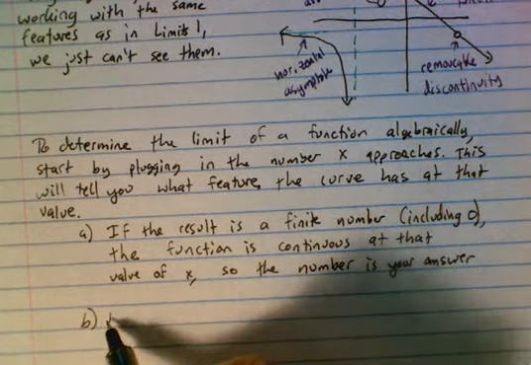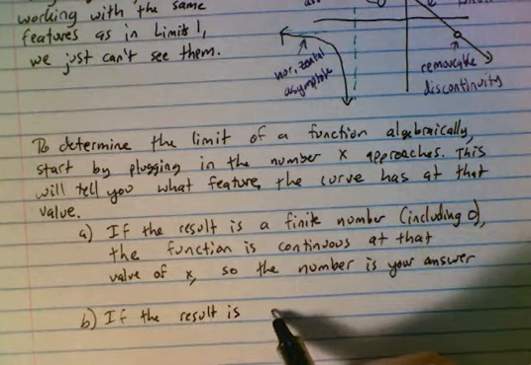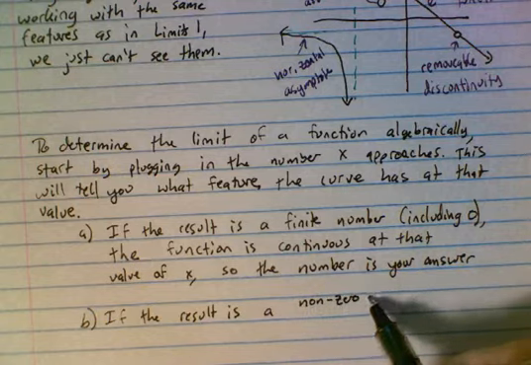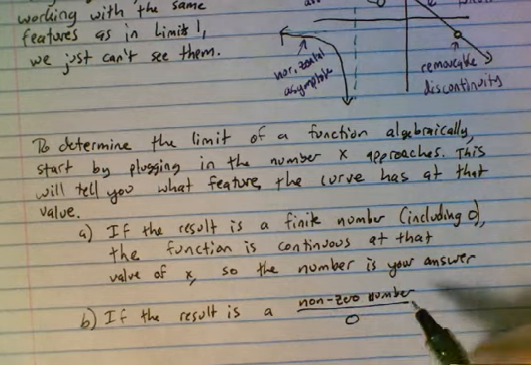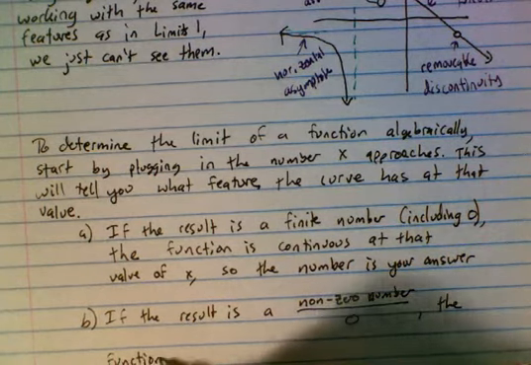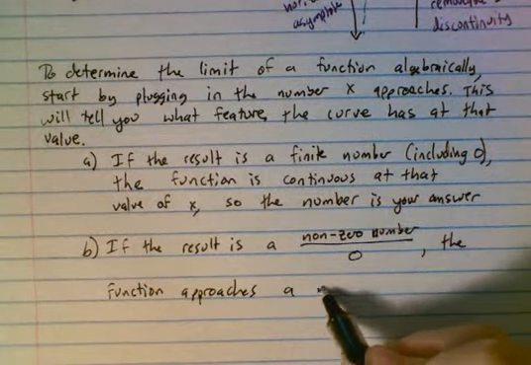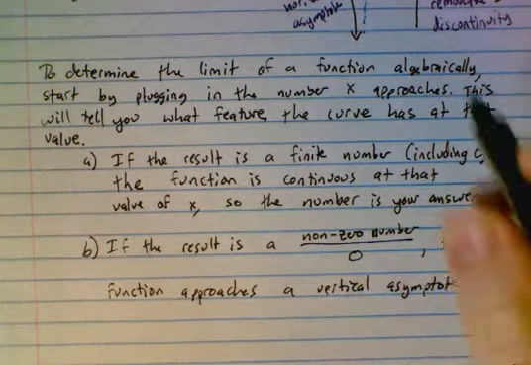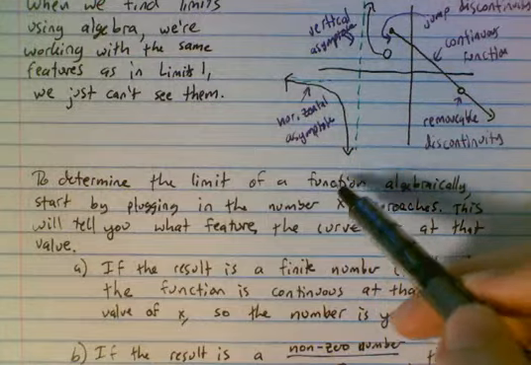Another thing that can happen, if the result is a non-zero number over 0, the function approaches a vertical asymptote like that right up there, and so that means our options are either positive infinity or negative infinity.